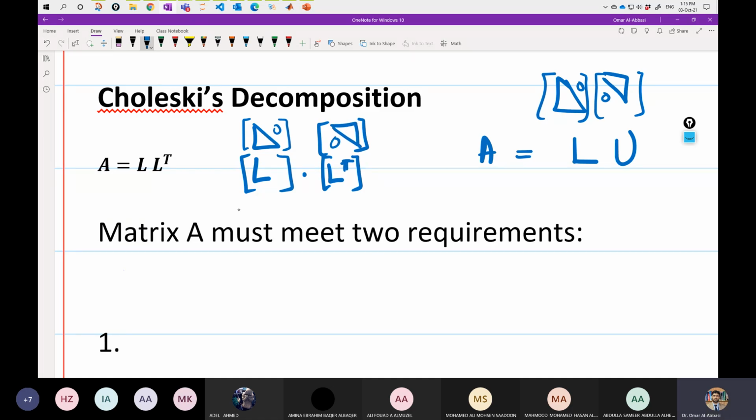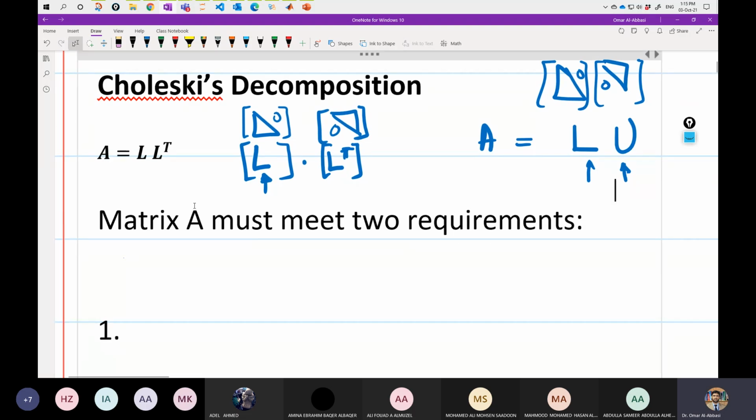So basically, we will find only one matrix rather than finding both L and U. It is the same matrix. One time it will be multiplied in its lower form, and the other time it will be multiplied by its upper form, the transposed form of it. Okay, is that clear?